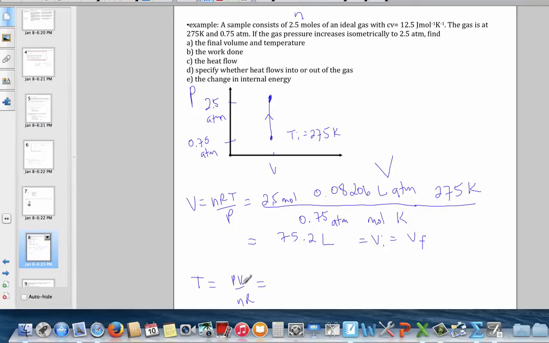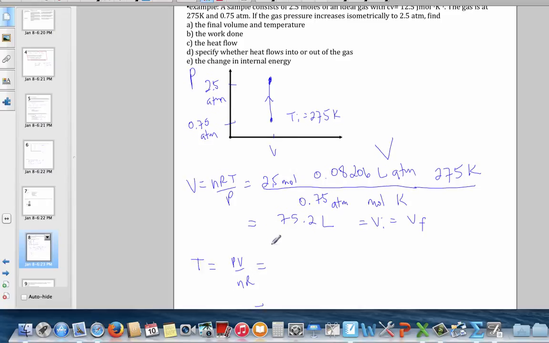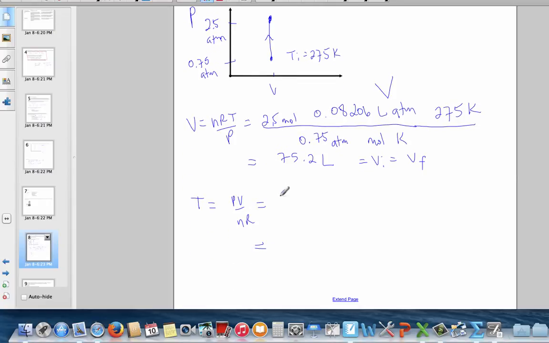In terms of the final temperature, well, we rearrange the ideal gas law and get T as PV over nR. Then we can put in the final pressure of 2.5 atmospheres, our volume here of 75.2 liters.